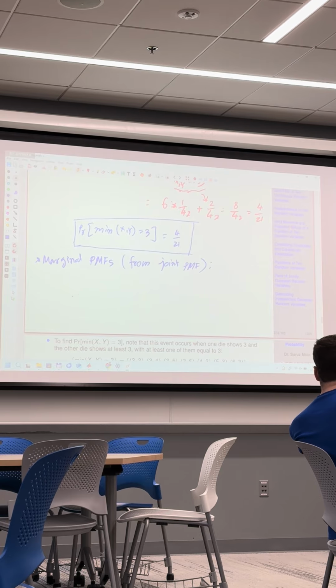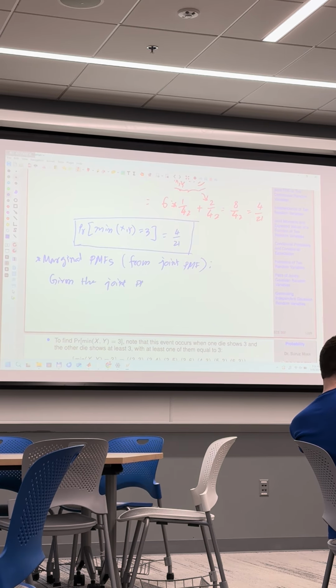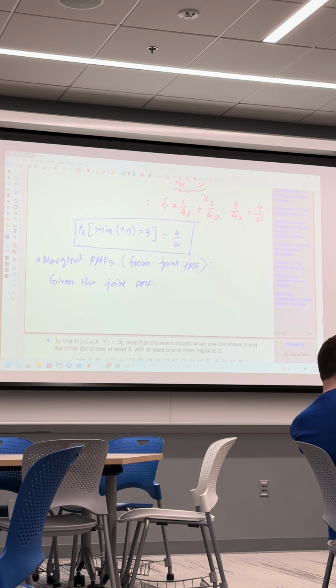So given the joint PMF, which is basically, in short, mathematically you can write PMF of random variable x comma y taking value x, y, or j, k.